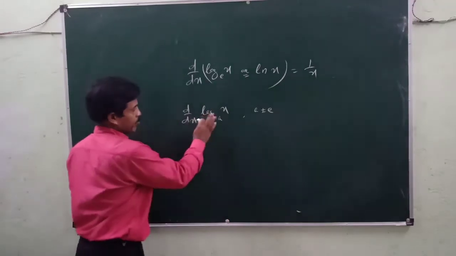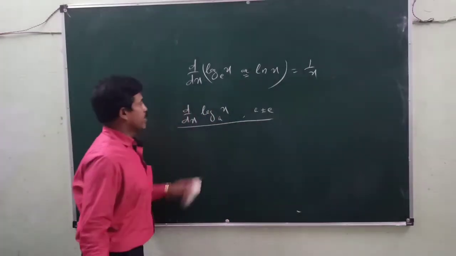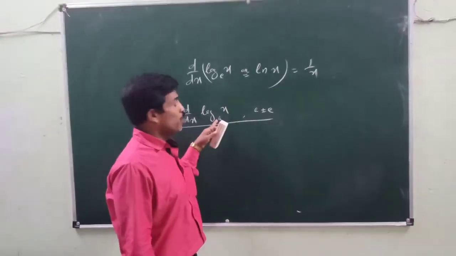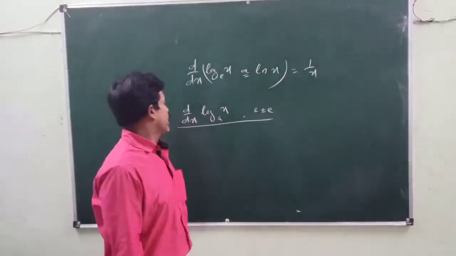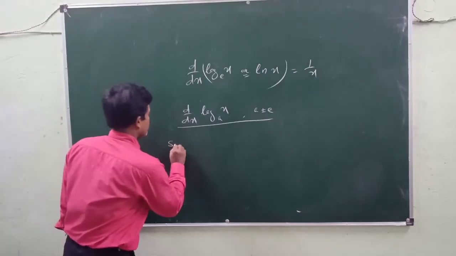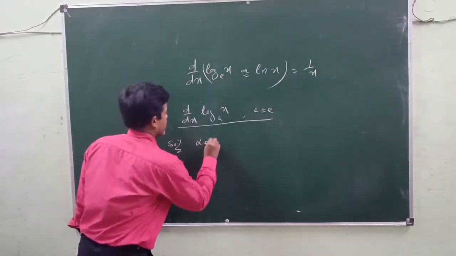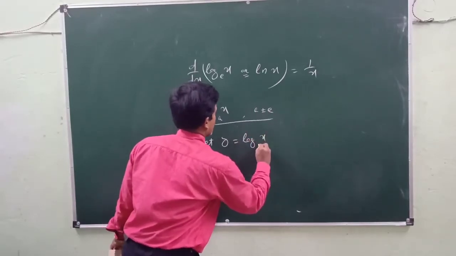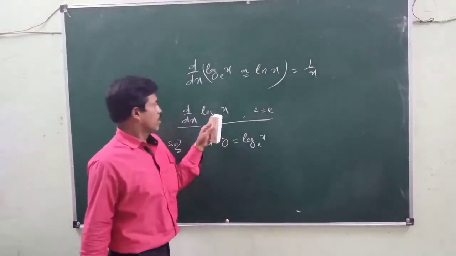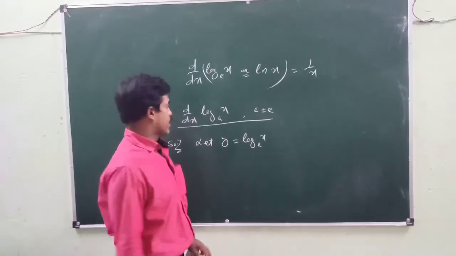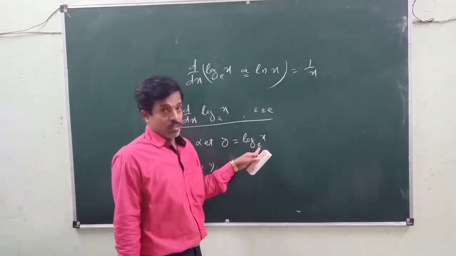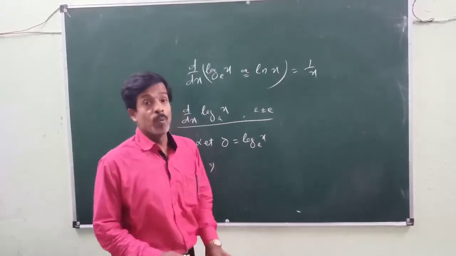For finding this derivative, that means the derivative of a logarithm function when the base is not equal to e, in our solution, let y equal to the given function, that is log x to the base a. Then take the given base on both sides.